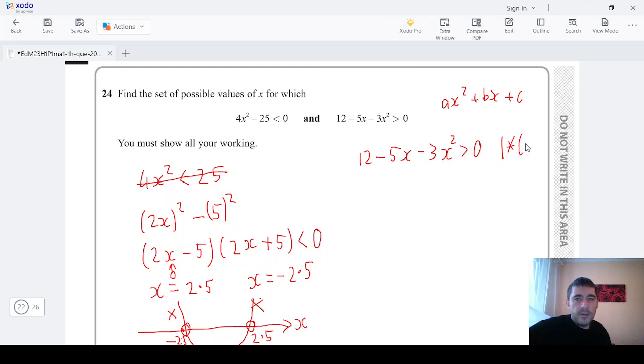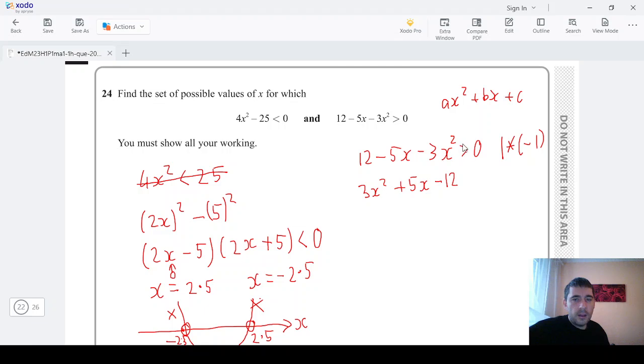So if I times both sides by -1, all the signs will be changed. So I'll get 3x squared plus 5x, and 12 becomes negative, minus 12. Now when multiplying or dividing by a negative, be careful, because it swaps the sign to the opposite.